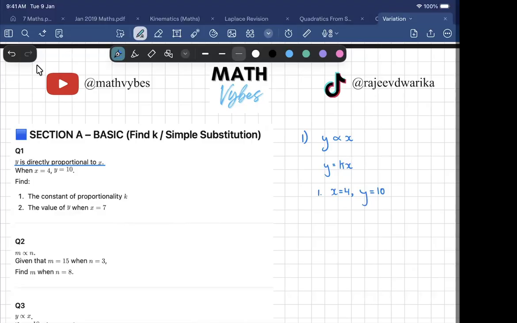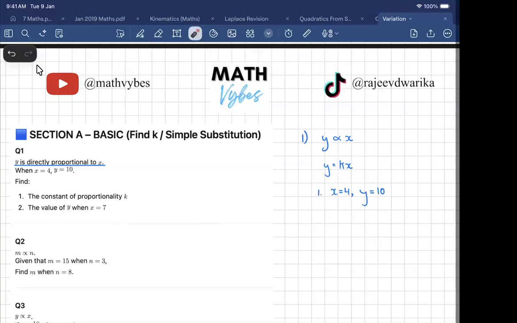All right, so Ria, like I said, to solve any equation, you need to make an equation with one unknown. So what are they asking you to find in part one? K. They're asking you to find k. Do you have an equation that has k in it? What's that equation? Y equals kx. And when you look at this, you're seeing three unknowns, right?